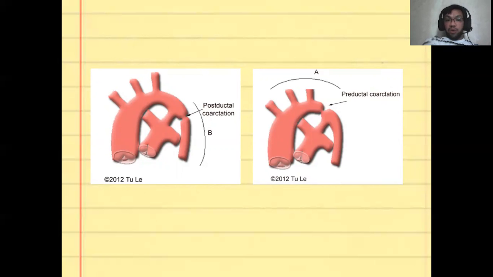Now, due to this narrowing that you can see here in this illustration, it is difficult for the blood to go down the aorta. So where will it go? It will go up. It will go to the head. It will go to the upper extremities. That's why the pressure in the upper extremities is greater than the blood pressure of the lower extremities, because of the decreased blood flow in the aorta after the aortic arch due to this narrowing.